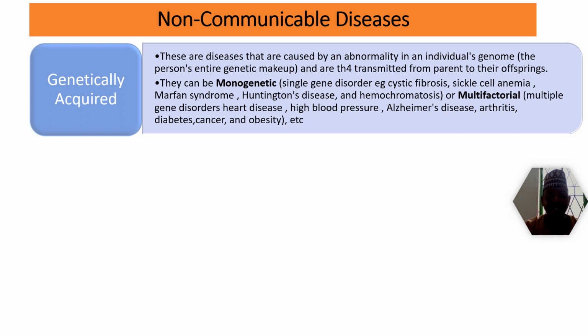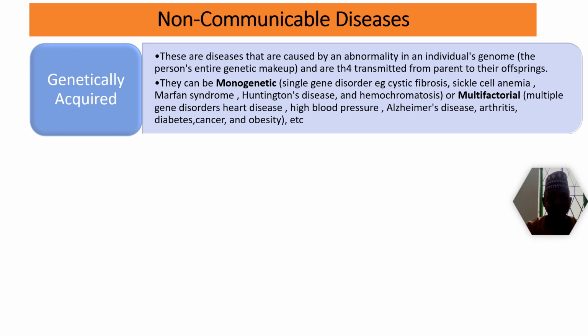Remember, the genes are responsible for the characters of individuals, as well as the appearance of the organs and their functions. So if those genes are affected, the functions of those organs become affected. Because these diseases are a result of genetic abnormality in the genetic makeup, they can be transmitted from parent to offspring.